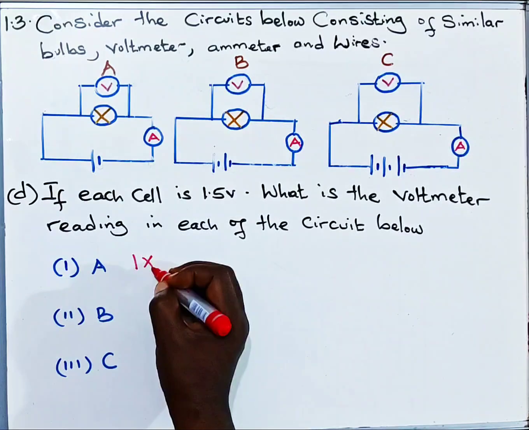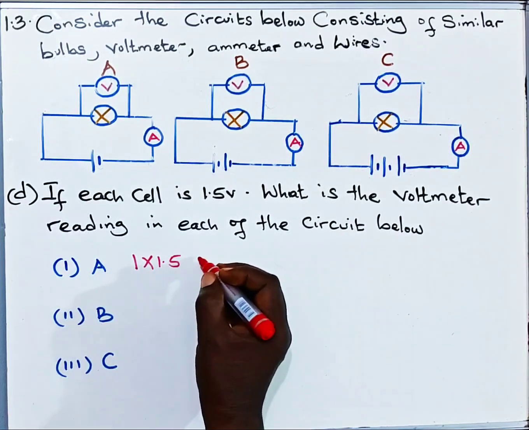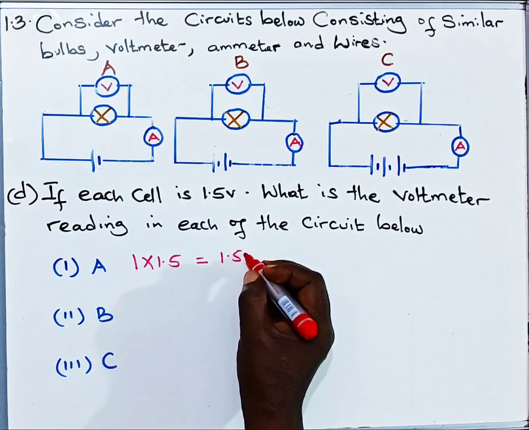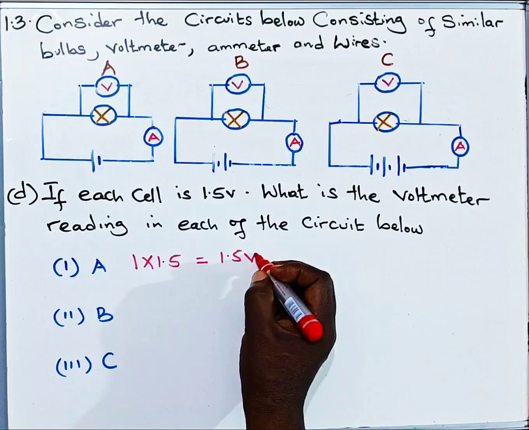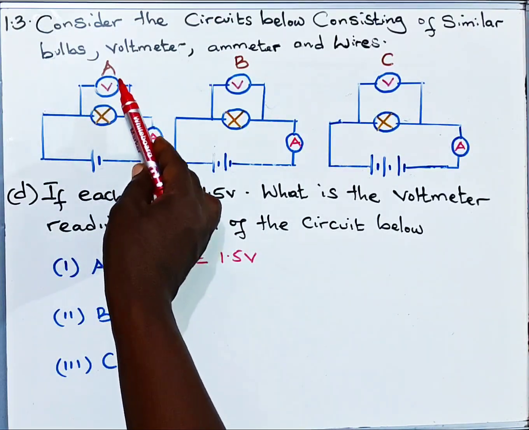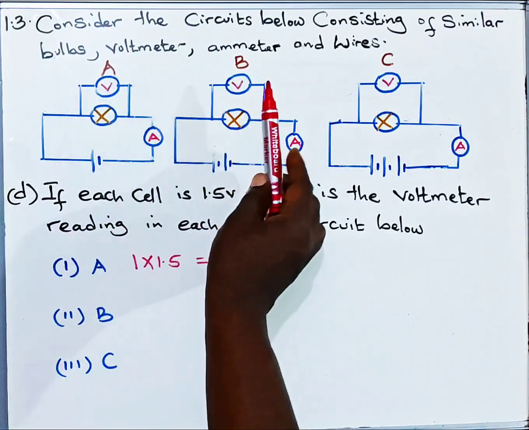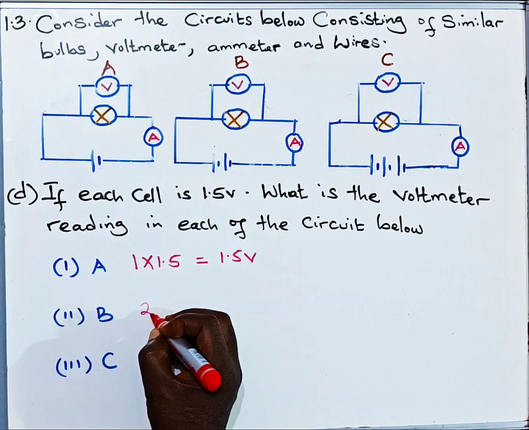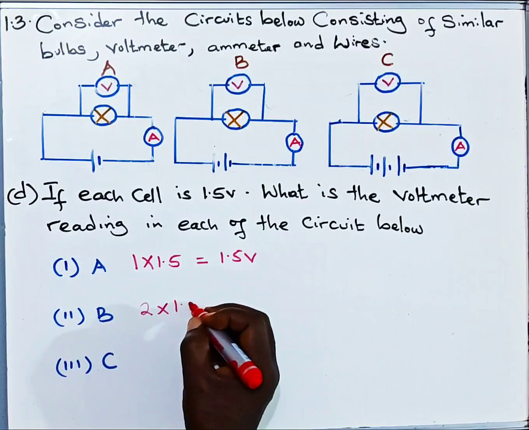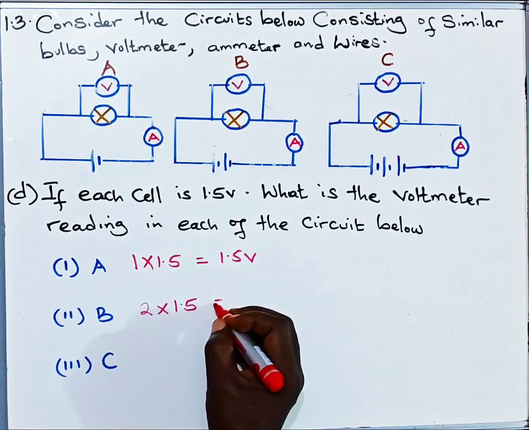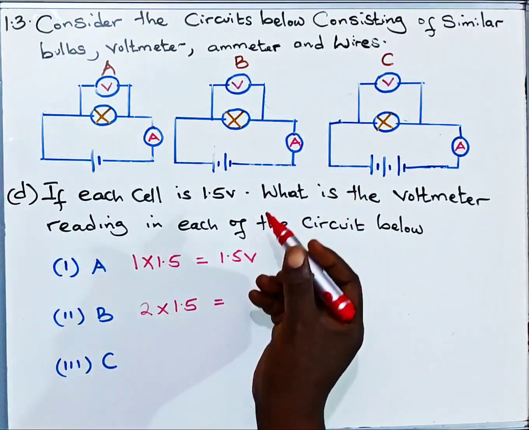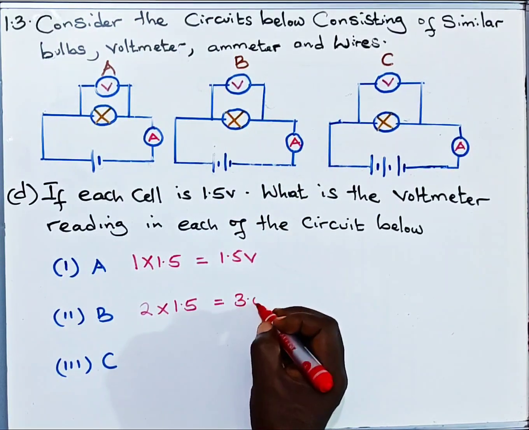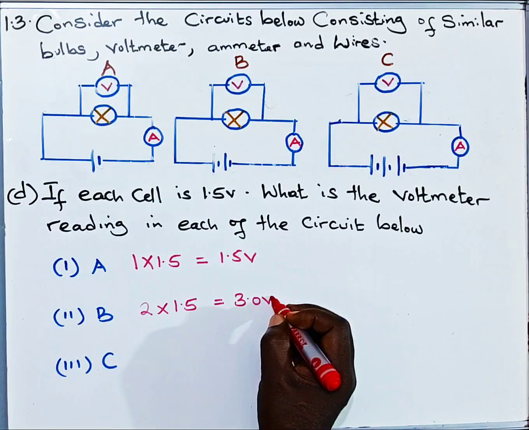So 1 times 1.5, the answer is going to be 1.5 volts. So the reading here is going to be 1.5. Let's go to B. B has 2 cells, and each cell is 1.5 volts. So the reading of the voltmeter is going to be 3.0 volts.